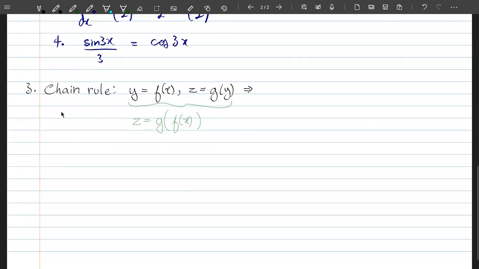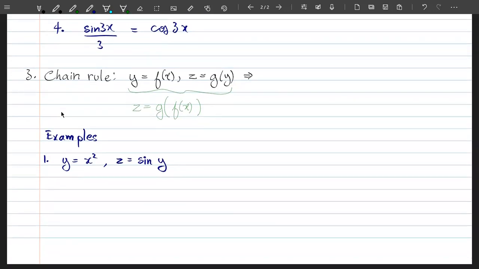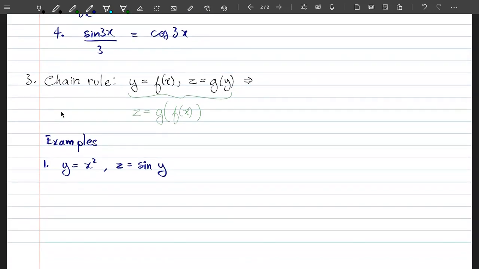So to take an example, so that I can show you the application in parallel. Suppose you have y is equal to x square and z is equal to sine of y. What do I mean by this?